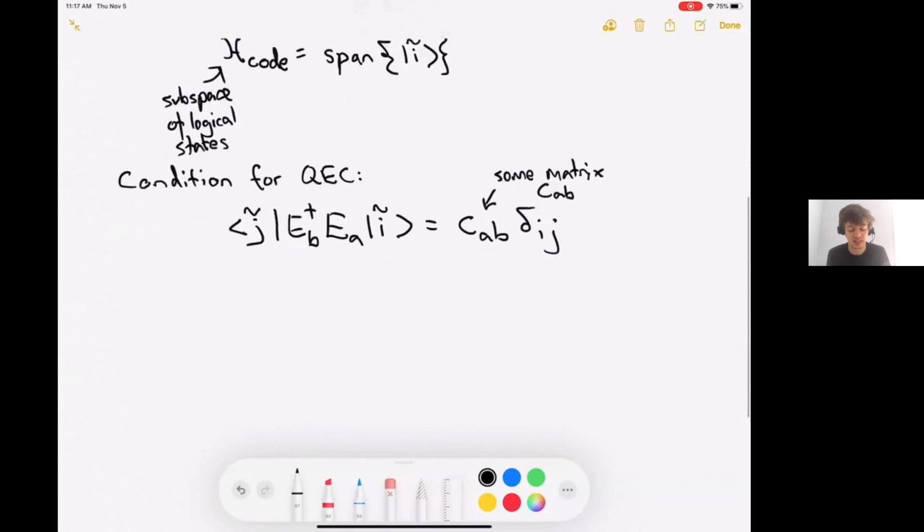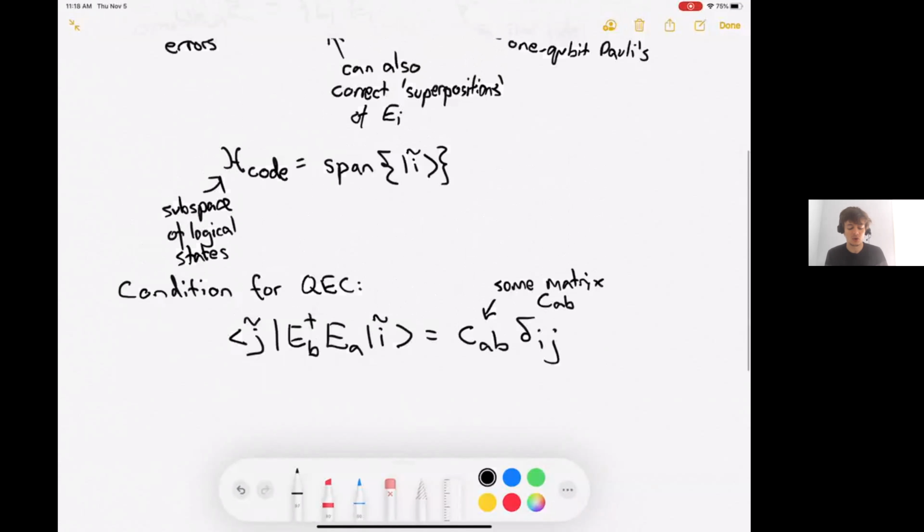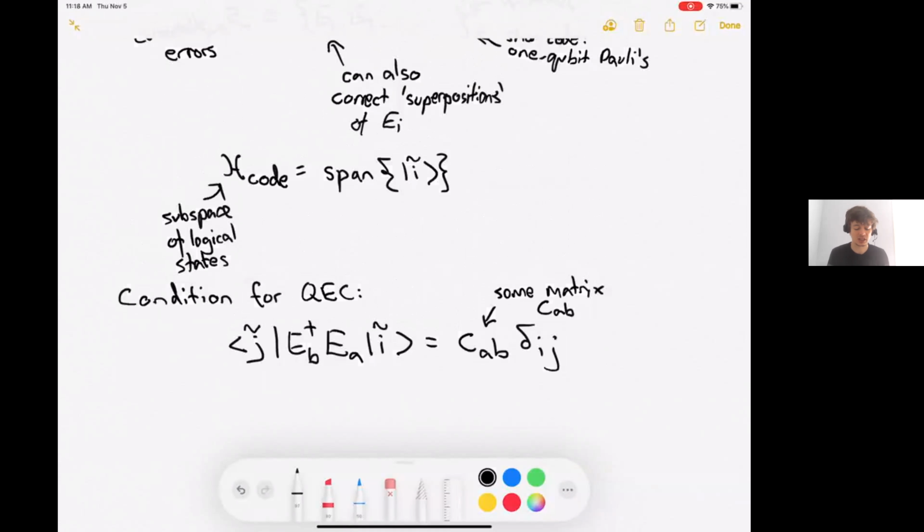Okay, so the simplest case, recall, is when C_AB is just δ_AB. That meant that all the subspaces created by acting with error E_A on the code subspace were all orthogonal to one another. They all had zero inner products with one another. So you can just do some measurement that determines which of those subspaces you're in and therefore determines which E_A happened.